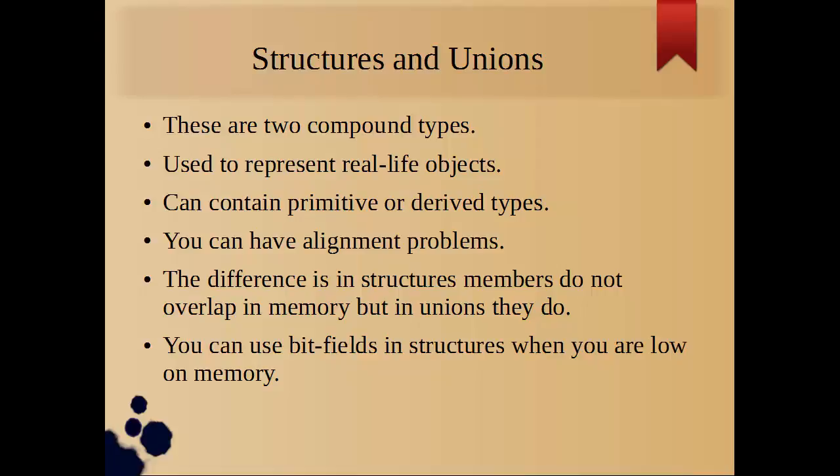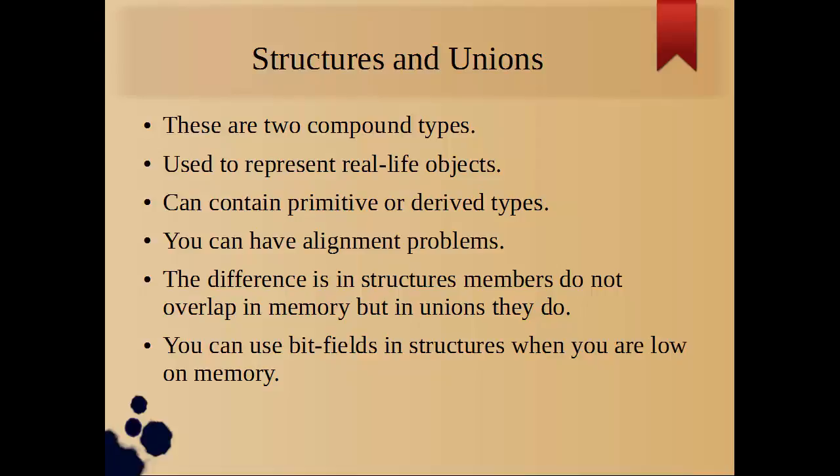There is a difference between structures and unions. The difference is that in structures, members do not overlap in memory, but in unions, members overlap in memory. I'll give you an example on this when we go to hands-on session.